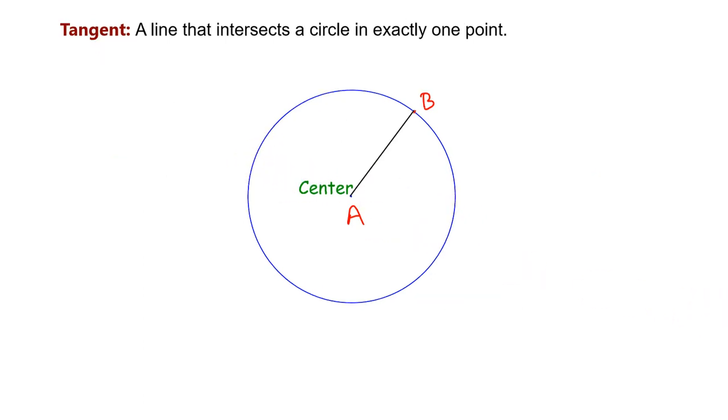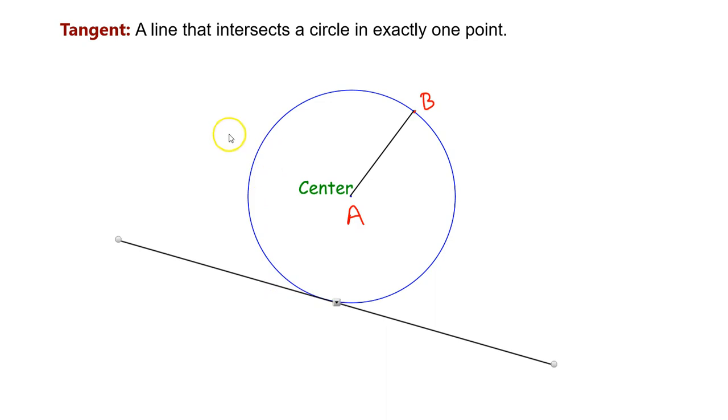Now the next one is a tangent. That's very easy. A line that intersects the circle in exactly 1 point. So draw a line. Here there is no connection, but when you move it towards the circle, you observe that it is touching at 1 point, right?